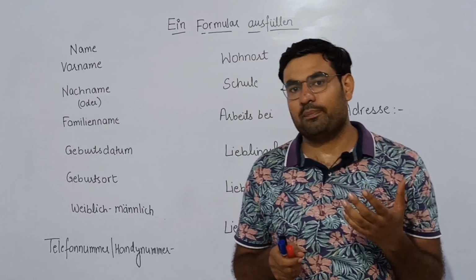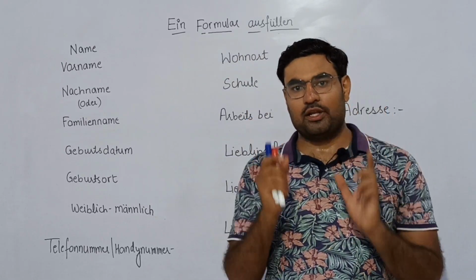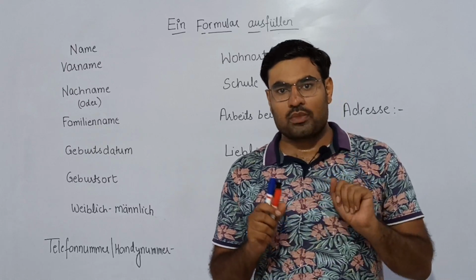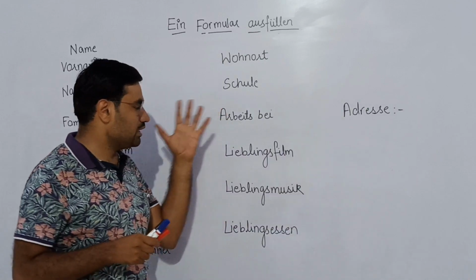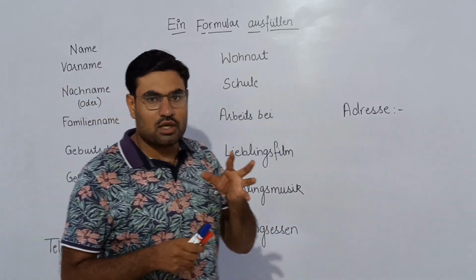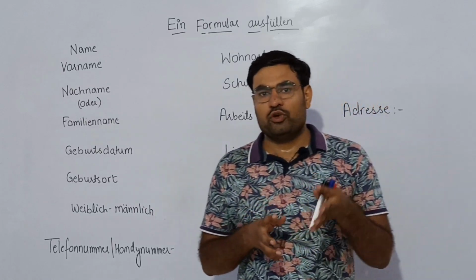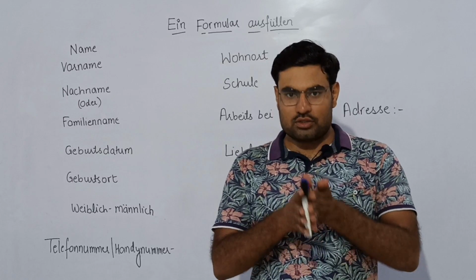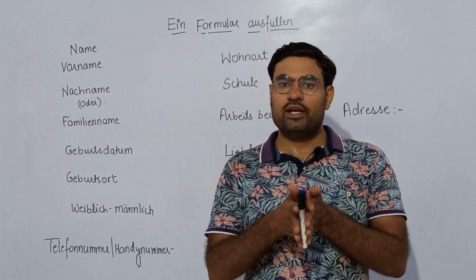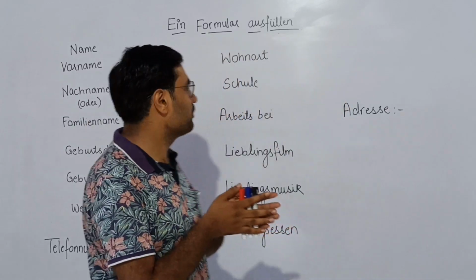You have to read that paragraph and fill out a form regarding it. If you are unaware of these technical terms, these keywords, it will be a great problem for you to decide what to write in front of what. So in this lecture, we'll be learning how to fill a form in German language. Let's start our video.